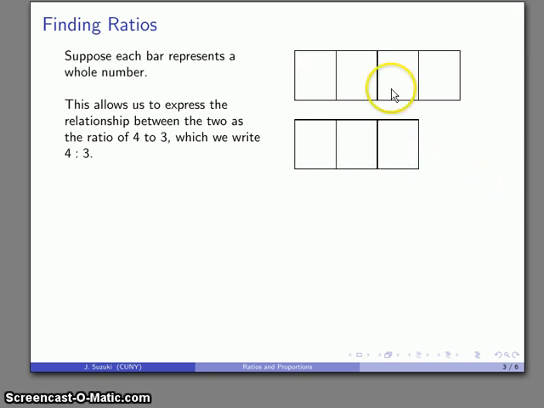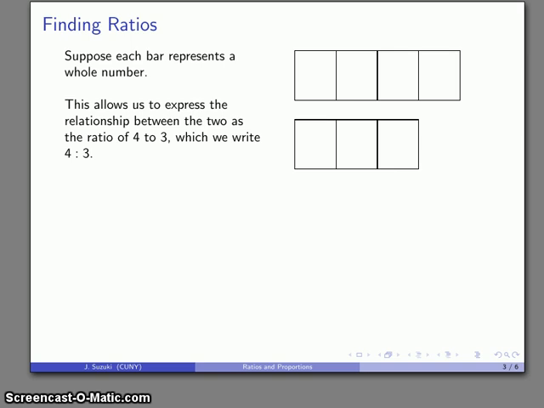So we have the ratio 4 to 3 somehow representing the relationship between top bar and bottom bar. Now, we express that as the ratio of 4 to 3. We write that out that way, or we can use 4 colon 3 to represent that ratio.